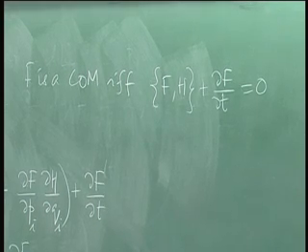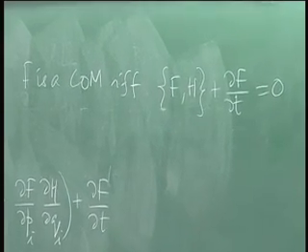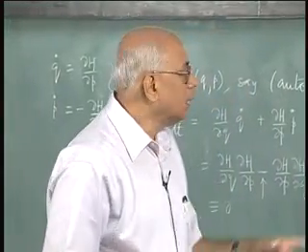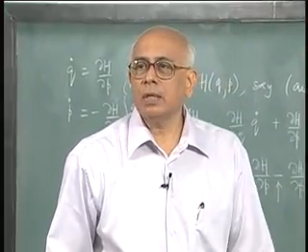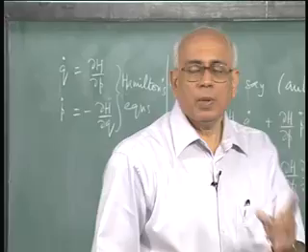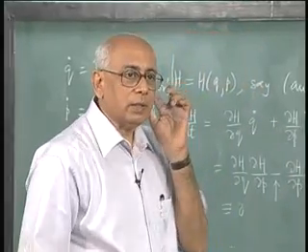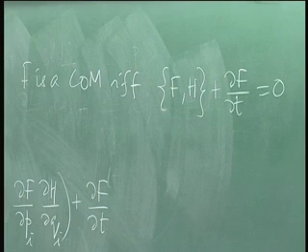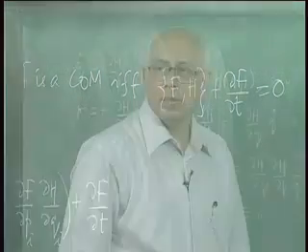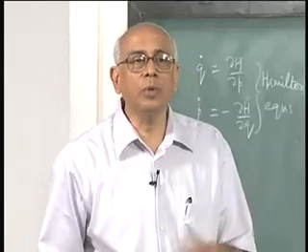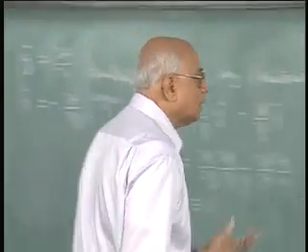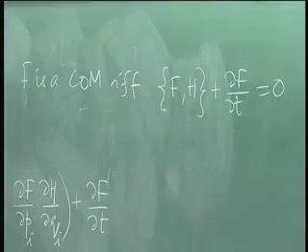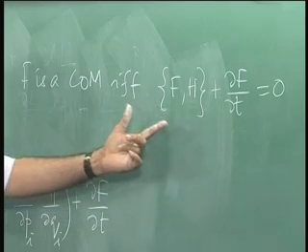If f should turn out to be explicitly time independent, then the last term goes away, and then f is a constant of the motion if and only if its Poisson bracket with the Hamiltonian vanishes identically, and I would then say it Poisson commutes with h, in analogy with quantum mechanics, where I would say two operators commute with each other. In that sense I would say this Poisson bracket is 0, they Poisson commute.